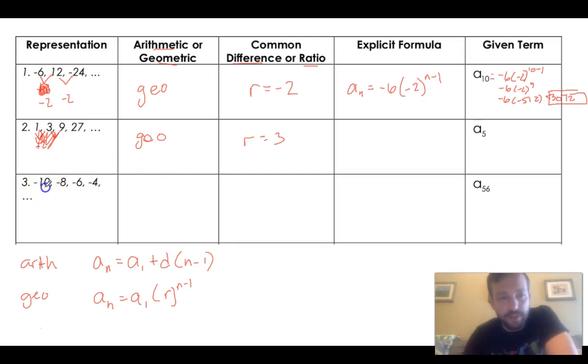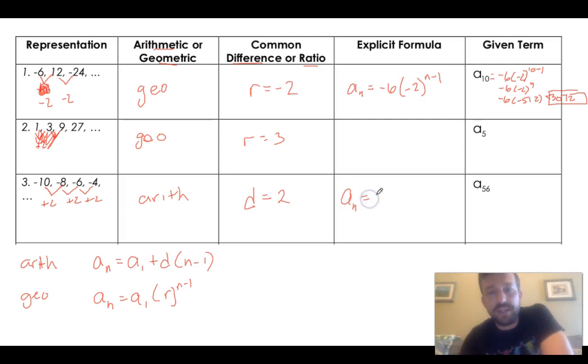And this one is arithmetic. To go from there to there, it looks like you would add 2. Add 2, add 2. So we know it is arithmetic, and that means our common difference is 2. To create our formula, it would be the first term, negative 10, plus the common difference of 2 times n minus 1.